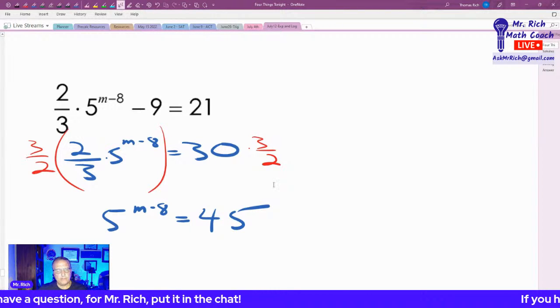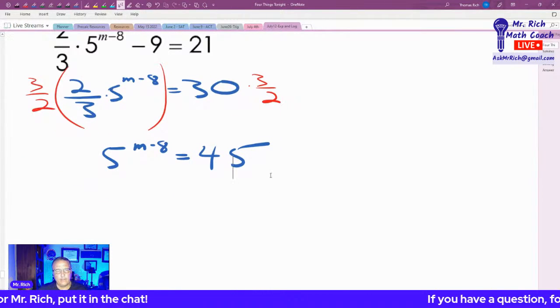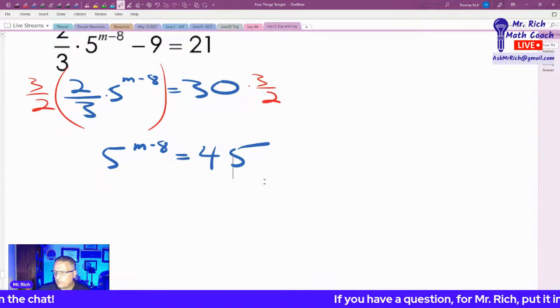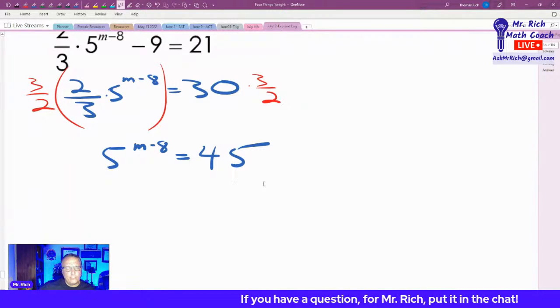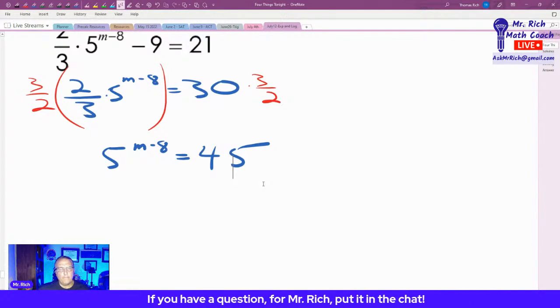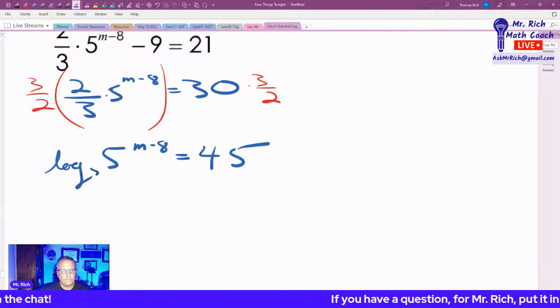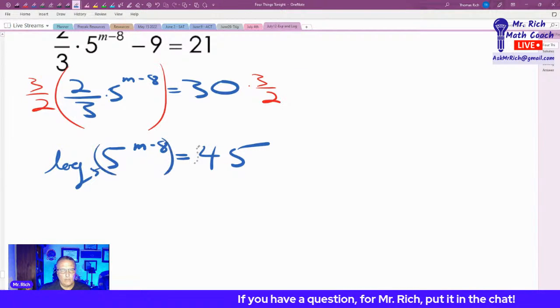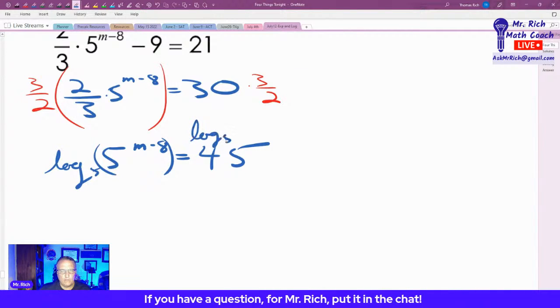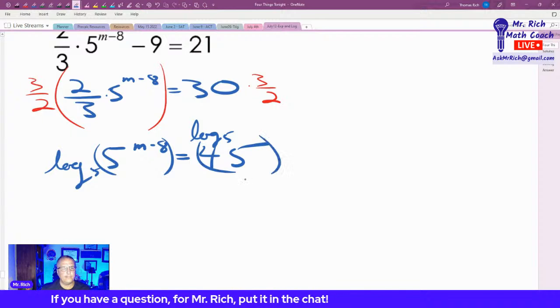Now, a couple of ways that we could go here. In your Algebra 2 class, your teacher may have said, let's use log base 10. I'm going to use log base 5. So my algebra move here is to take log base 5 of both sides.